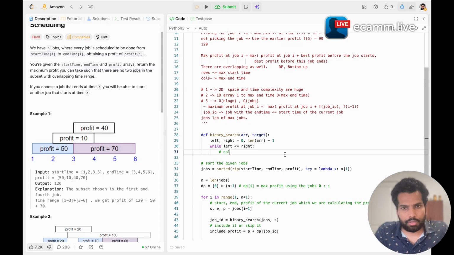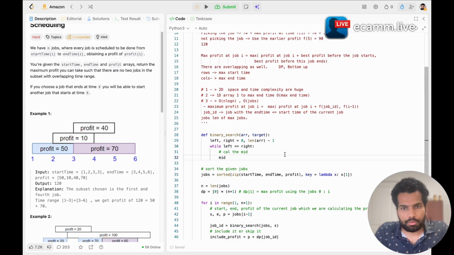Calculate the midpoint, which is left plus (right minus left) by 2.